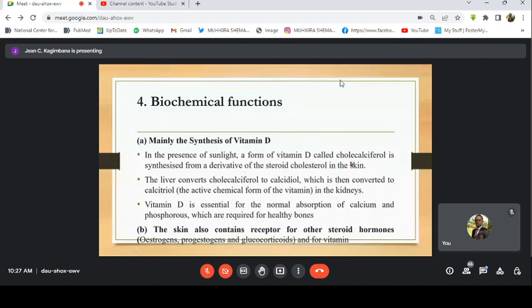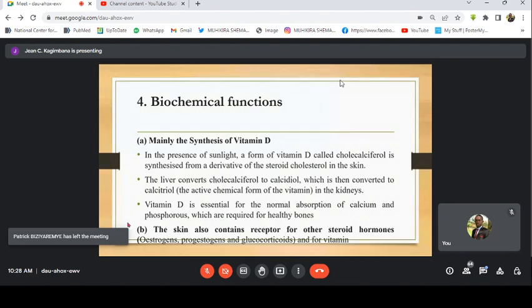Then the skin again plays this role through vitamin D synthesis. Now, knowing that vitamin D is essential for the normal absorption of calcium and phosphorus, which are required for healthy bones. Okay?